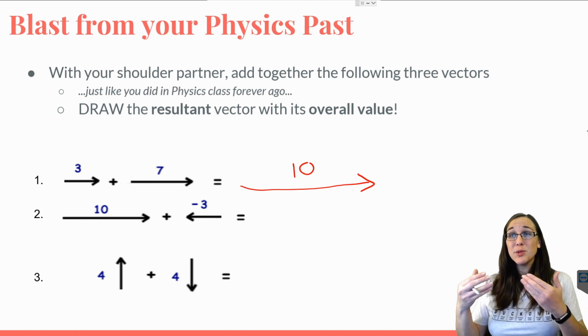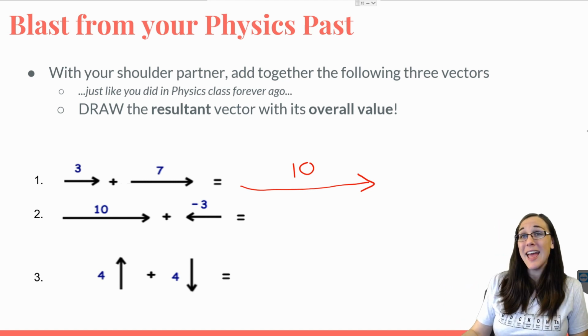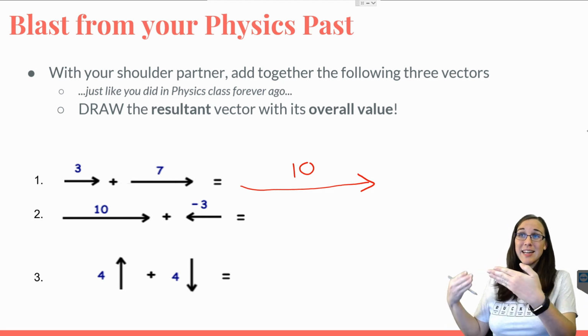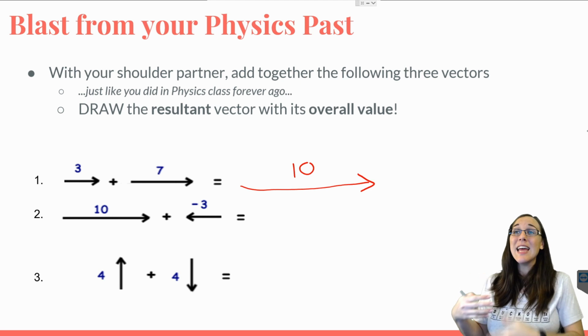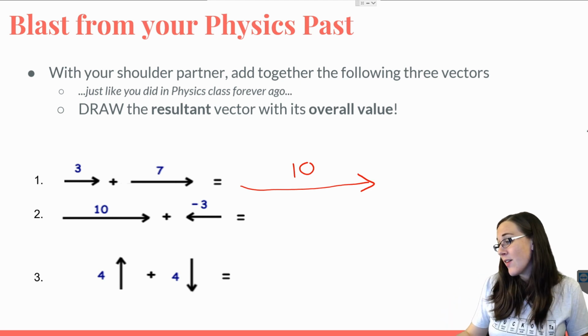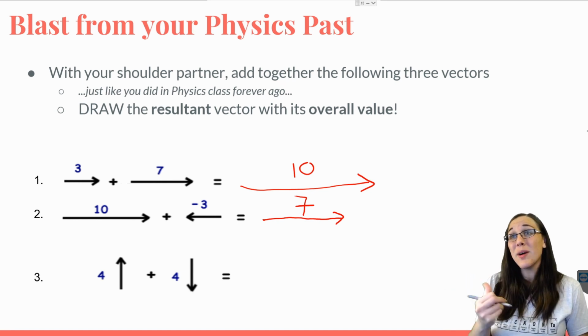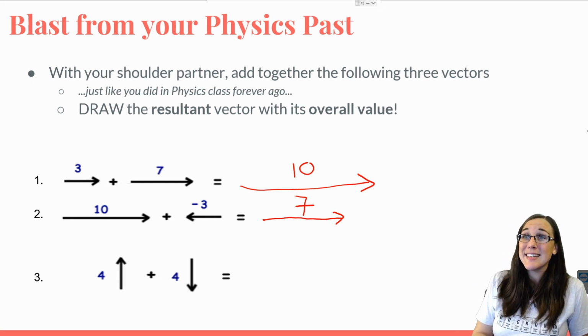However, if we flip two arrows around and we take a 10 arrow and point it at a 3 arrow, so we have something going this way with a value of 10 and something this way with a value of 3, then what you get is still going forward, but only with a value of 7. So 10 minus 3 is 7. The overall movement is still going that way because 10 is greater than 3.